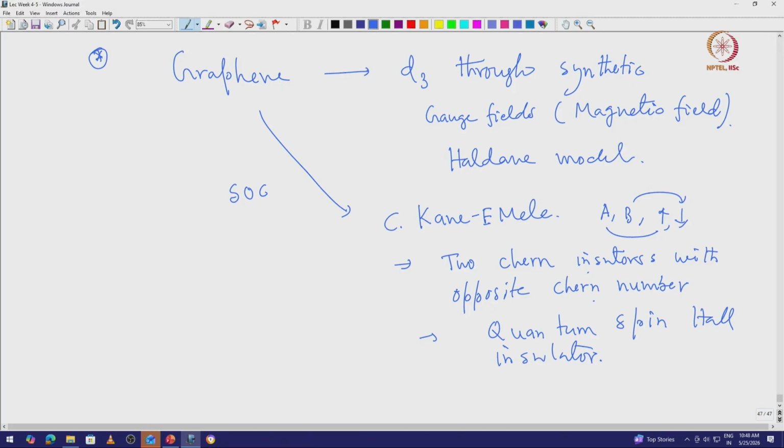But if you really cannot differentiate those two bands with opposite Chern number, which turns out to be degenerate, we will redefine a new topological invariant called the Z2 invariant in the time reversal invariant case. Whereas here you can get a quantum Hall effect or Chern insulator without real magnetic field, was the main point of this work.